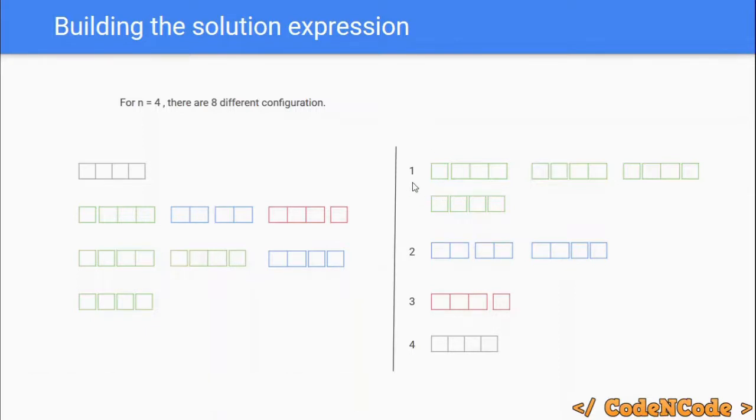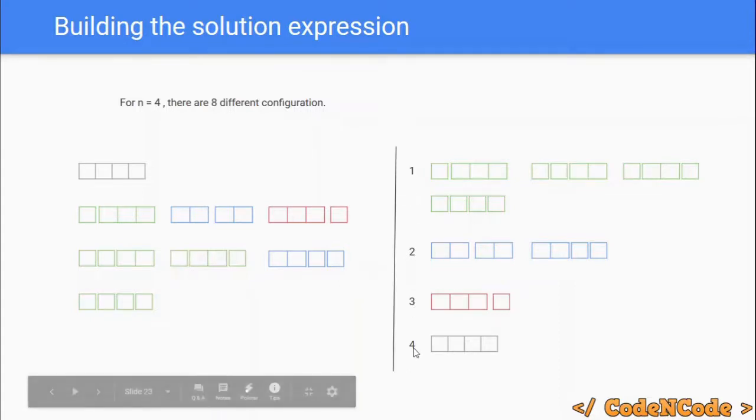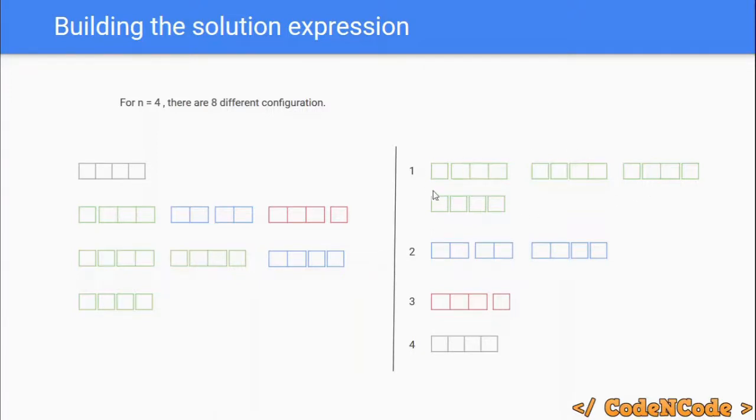Now if we can calculate m1 in constant time, similarly m2, m3 and m4, then calculating the maximum of these 4 will be done in linear time. There are 4 configurations, right?